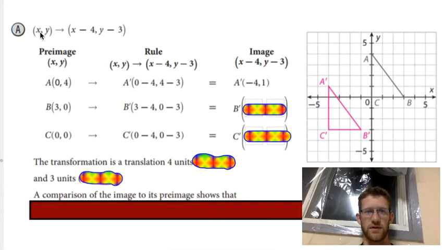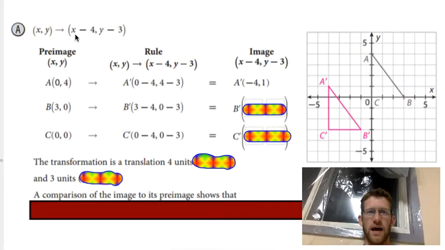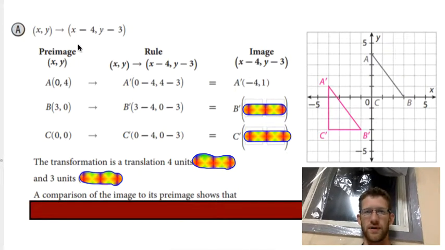You do the x first, you put a comma, and then you do a y. So we're going to do this point, whatever it is, with a nice happy x, y. That was the original pre-image. And then we're going to transform it using this arrow. That arrow represents a transformation, and this is how we're going to transform it. We're going to take the x and subtract 4. We're going to take the y and subtract 3.